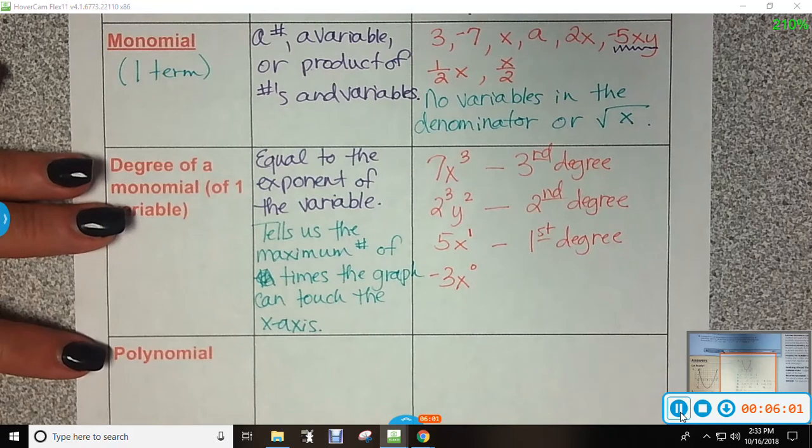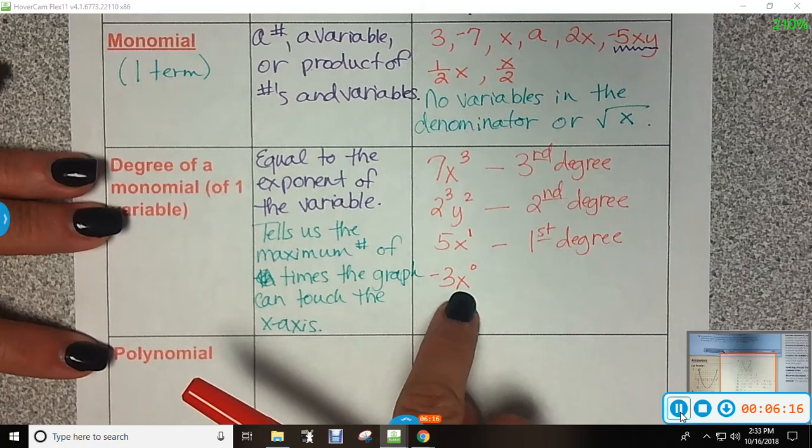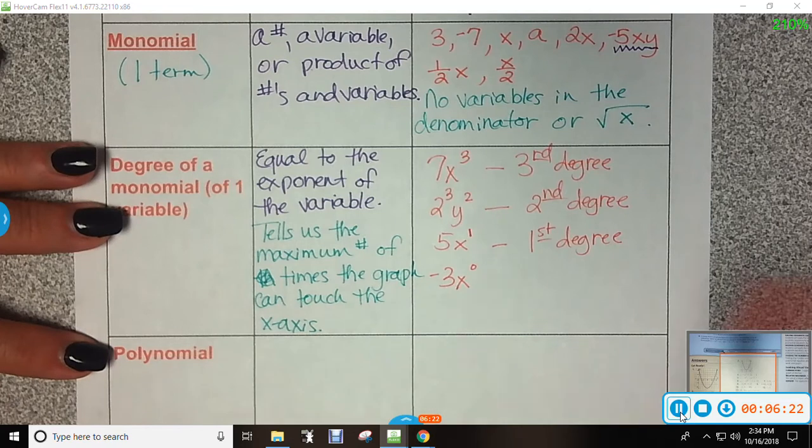And the last one down there, you will never see written in your textbook, in your workbook, or in Math Excel anything ever to the 0 power. I wrote it here just to make a point. Okay, what is anything to the 0 power equal to? 0. No, it's equal to 1. Yep.